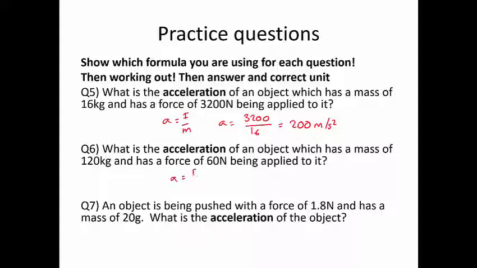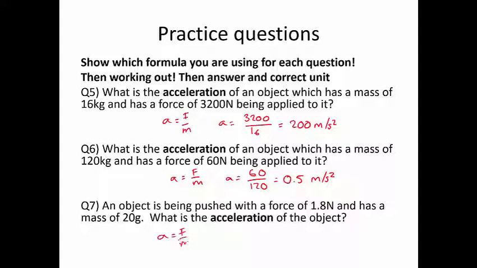Okay, for the second one, you should have used the same equation again. Acceleration is equal to 60 divided by 120, which is 0.5 meters per second squared. And for question 7, again, we're after acceleration.